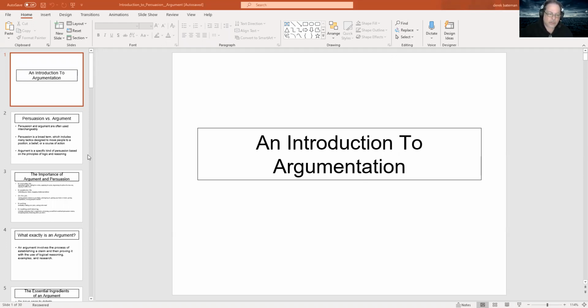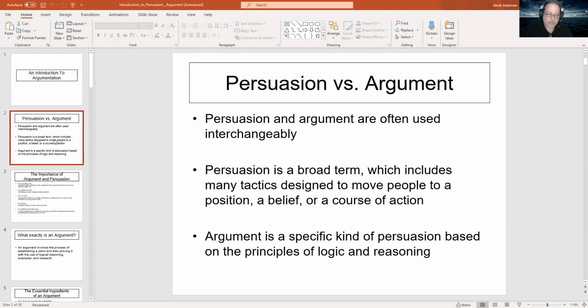So, slower here. One of the things we have to talk about is the difference between persuasion and argument. Now, every argument does have an element of persuasion in it. But your argument, and what makes it different than pure persuasion, is the argument is rooted in a balanced approach. Persuasion will often, we see this in politics, right?